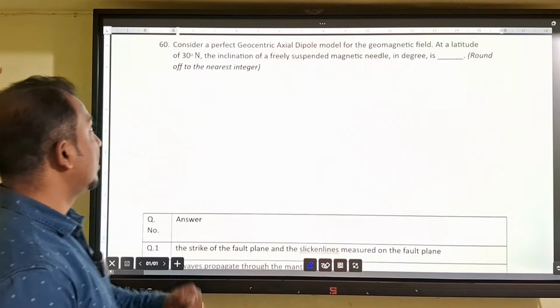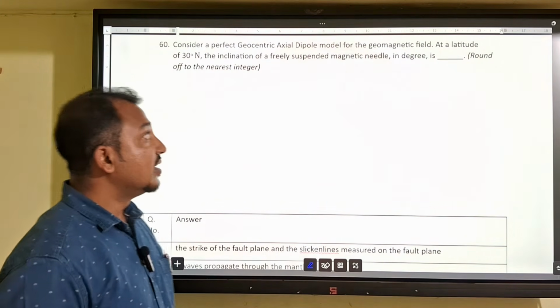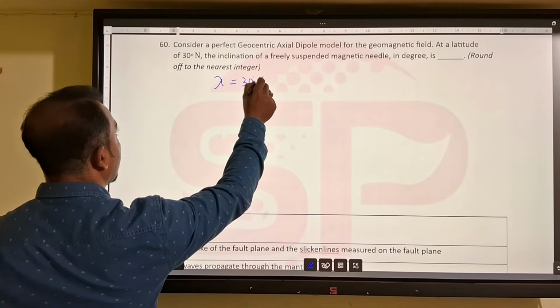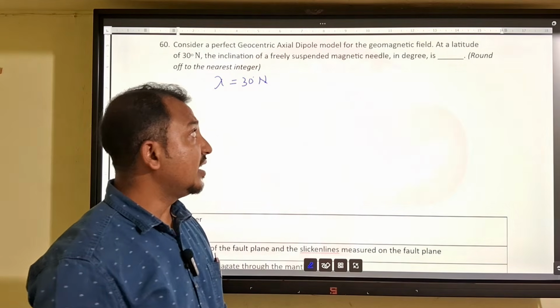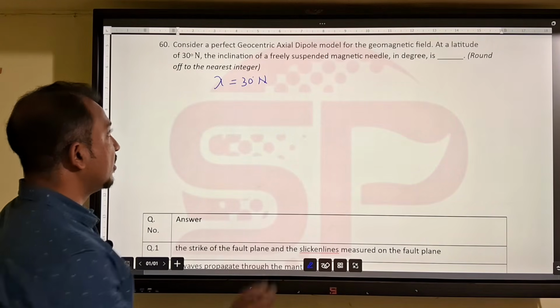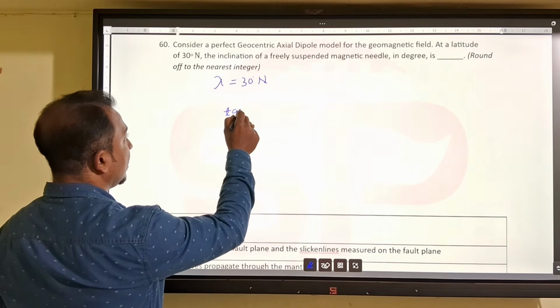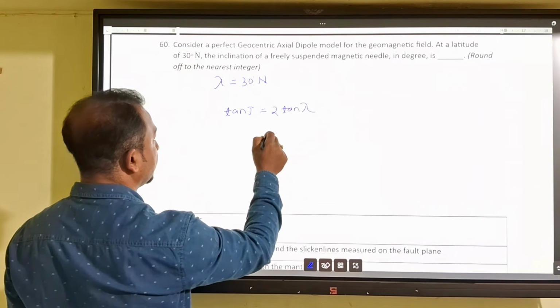Next question: consider a perfect geocentric axial dipole model of the geomagnetic field at latitude lambda, given as 30 degrees north. We have to calculate the inclination of a freely suspended magnetic needle. The formula is tan I equals 2 tan lambda.